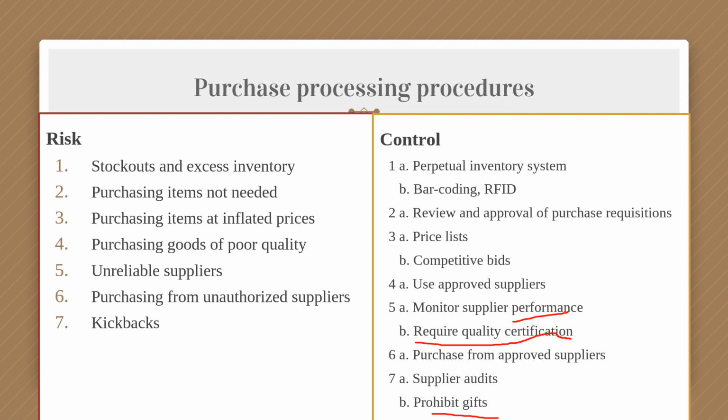So that is also one of the issues and risks that threaten the purchase processing activities. And the control is to have supplier audits to check if they practice that, and also to train the staff and monitor them, ensuring the prohibition of it.